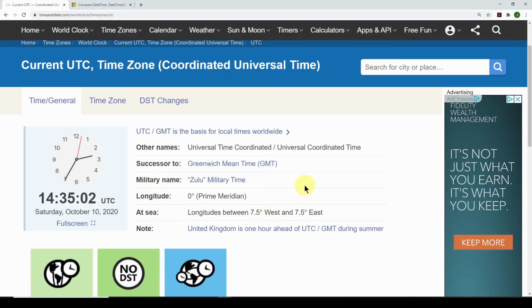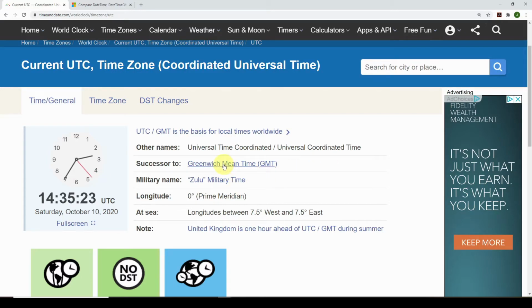So what I'm going to do is jump over to timeanddate.com, which I mentioned before, and you can look at a clock with UTC on it. This UTC basically ignores any daylight savings time or time zones.